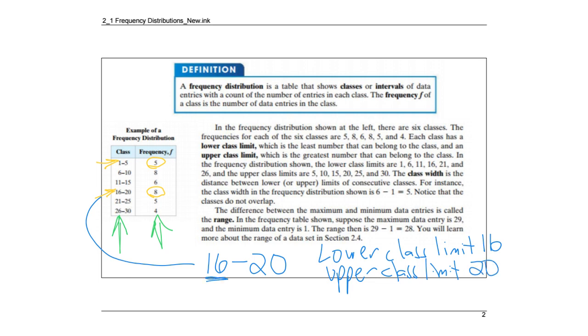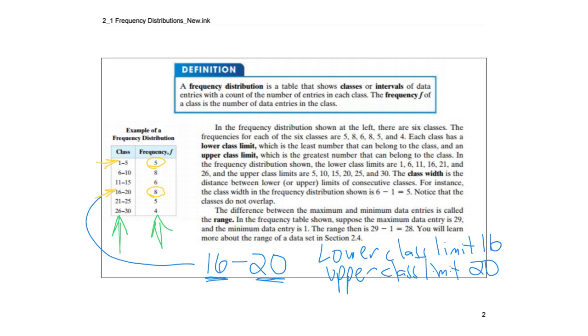Okay, so the lower number is our lower class limit. The larger number is the upper class limit. And we are looking for people who have scores anywhere between 16 and 20, including 16 and 20. So they can have 16, 17, 18, 19, and 20. Okay, and then we're going to count how many people have scores between 16 and 20 inclusive.